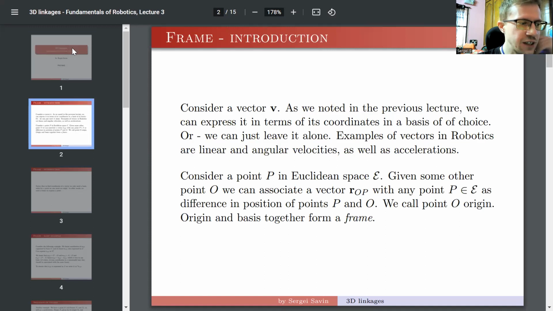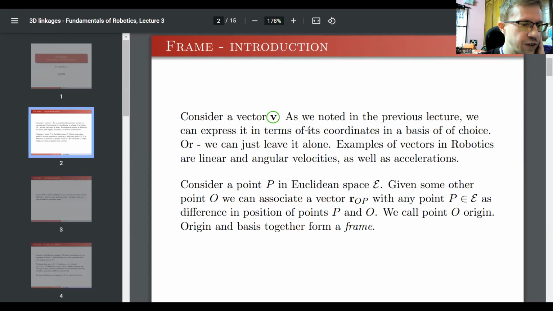Now we still start with quite a theoretical view on this stuff. So first, let us just consider a vector v.